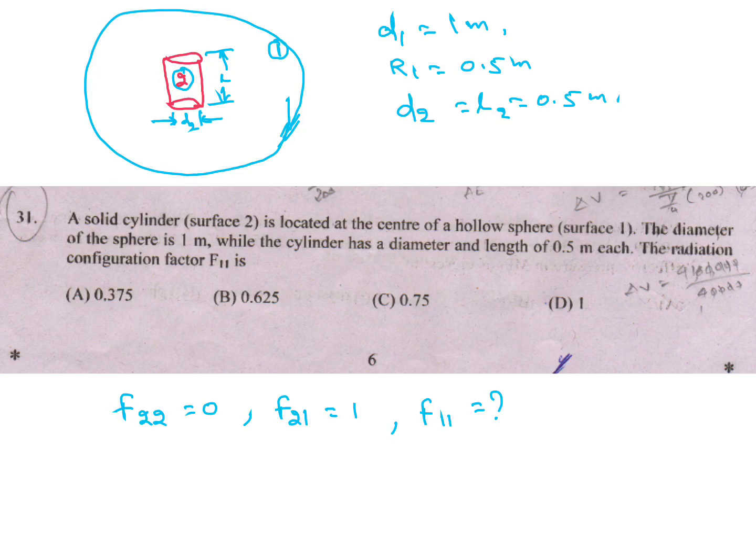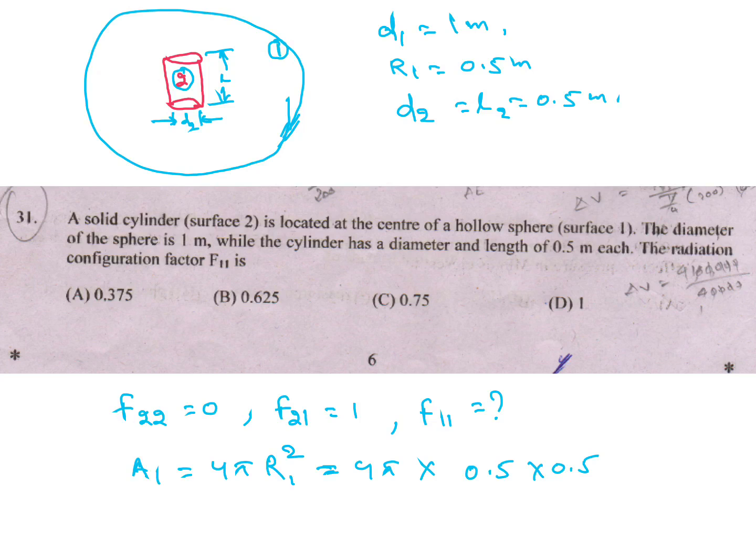First surface area we have to calculate. A1 is 4 pi r square, or here r1 square, 4 pi into 0.5 into 0.5.